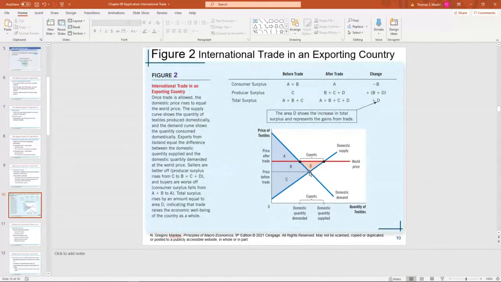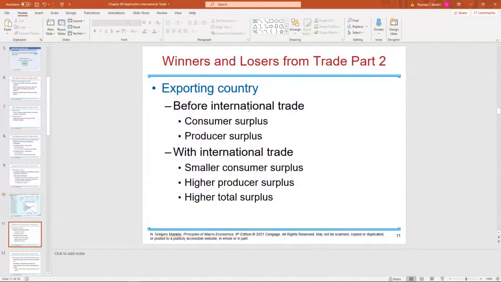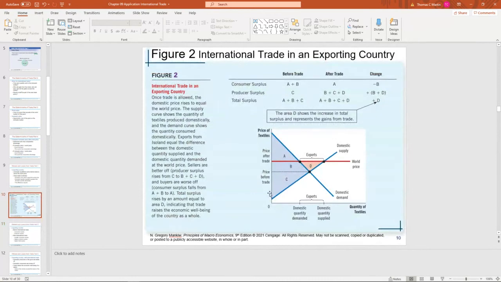Just like we see here, there's the basic chart we saw before. Exporting country, before international trade, we look at consumer and producer surplus. With international trade, we'll have smaller consumer surplus and higher producer surplus.